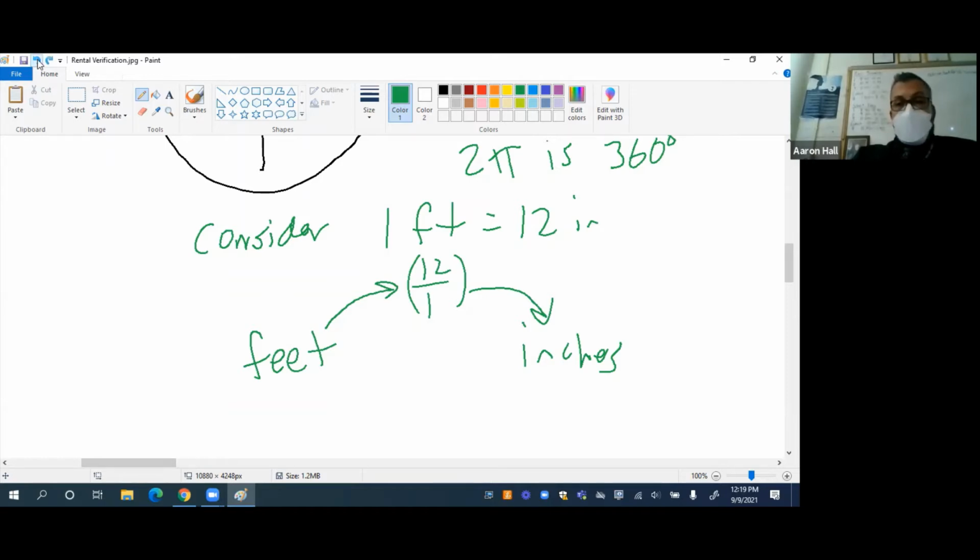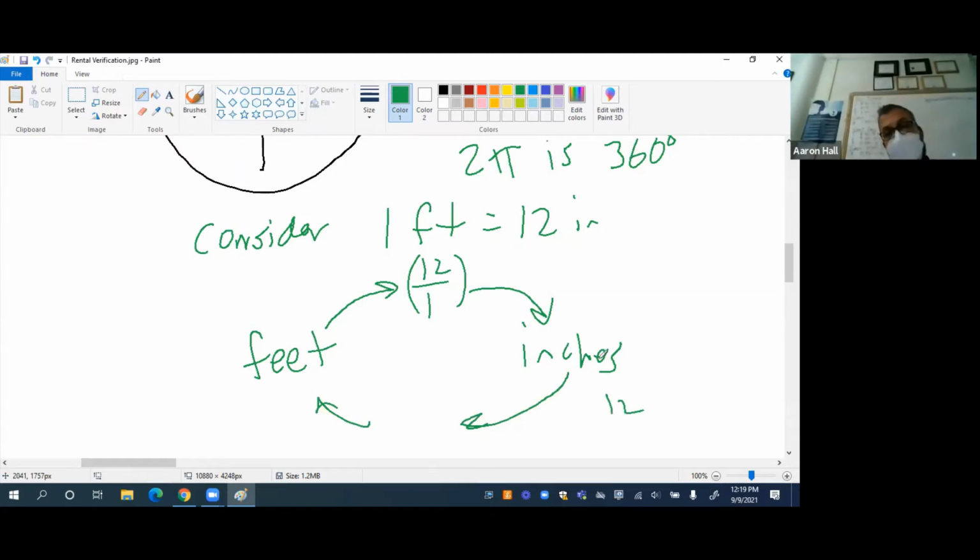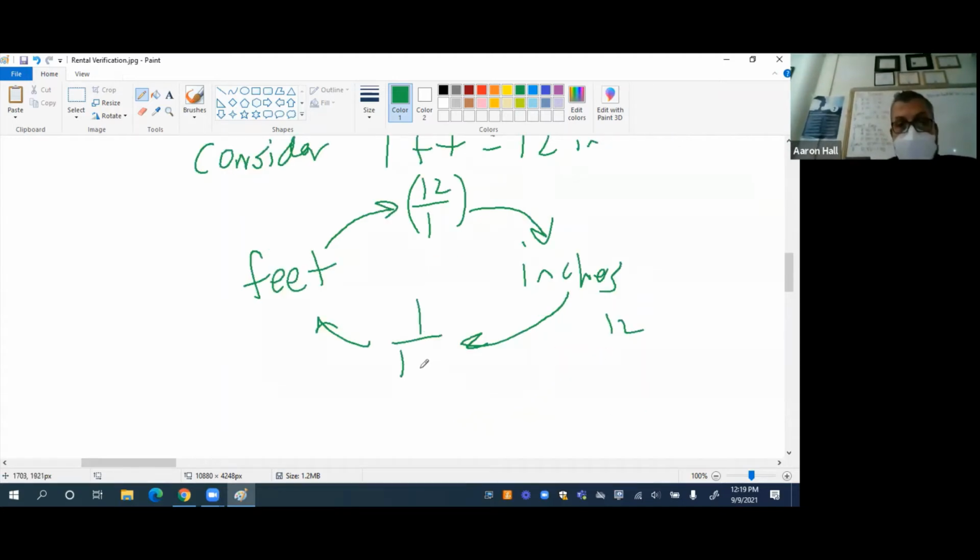Now what if I want to go backward, from inches to feet? If I have 12 inches, I'm going to multiply by my conversion of 1 foot over 12 inches, which will bring me back to feet.